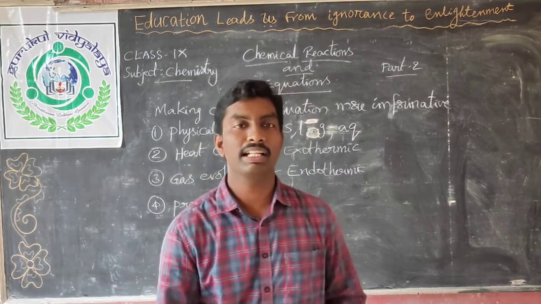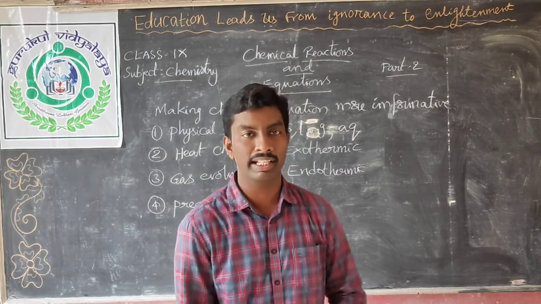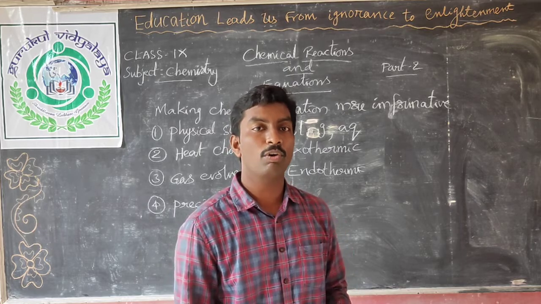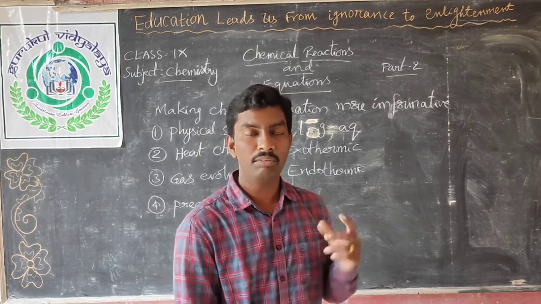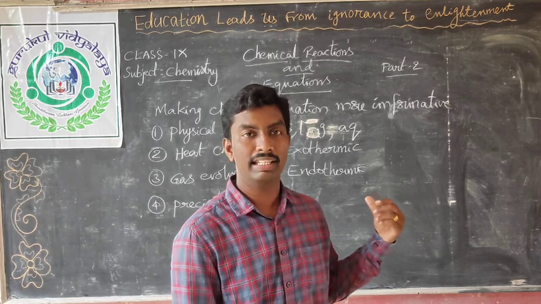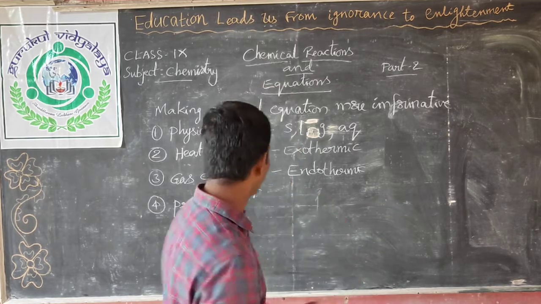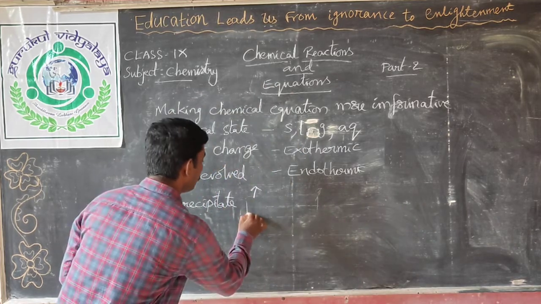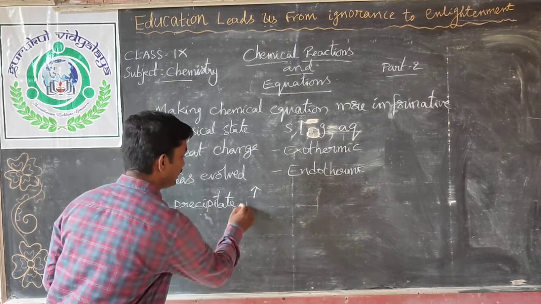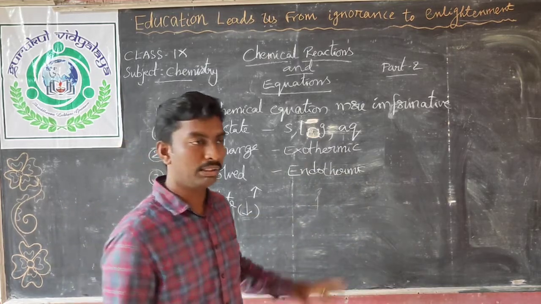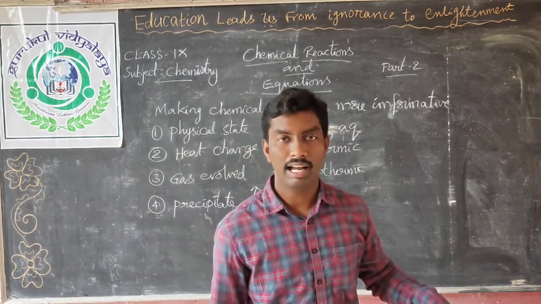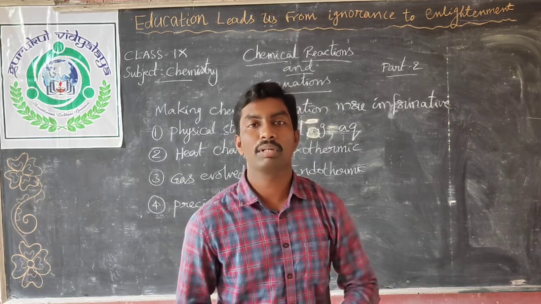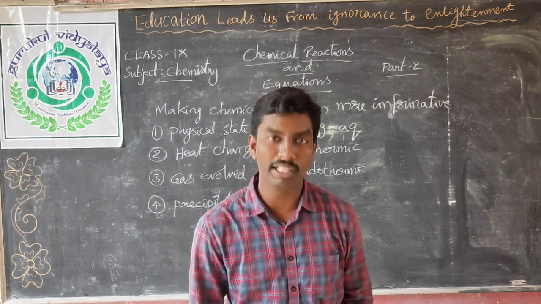Suppose in the chemical reaction the product is in the form of a precipitate, then we represent it with a downward arrow. By using all these indications, we can make the chemical equation more informative.